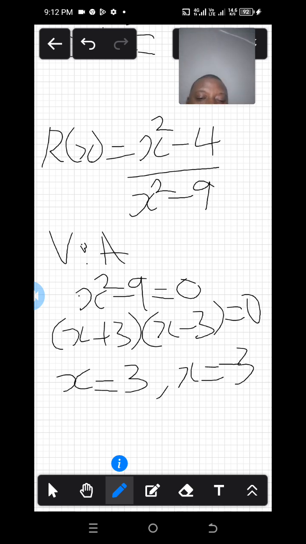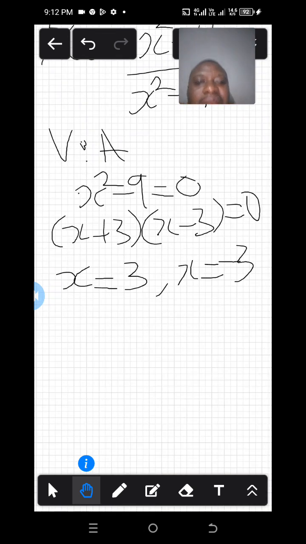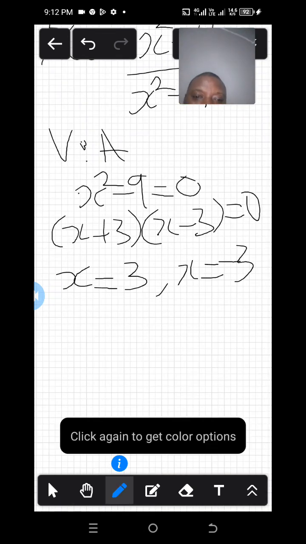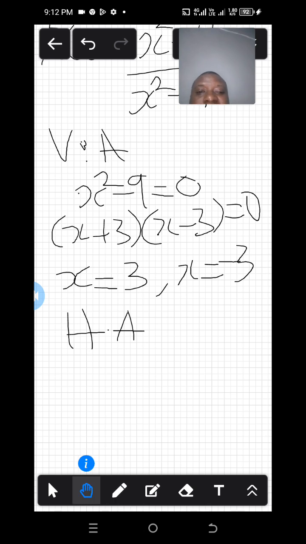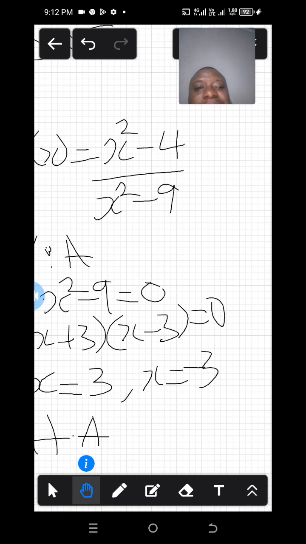Again, we're asked to find the horizontal asymptote. Permit me to use HA as my horizontal asymptote. So that is for y now. How to find the horizontal asymptote depends on the type of rational function.